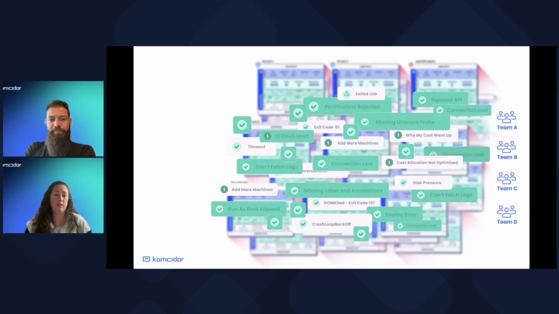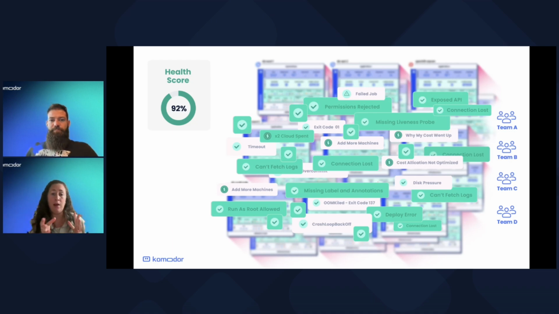So if we're talking about how things look with Komodor, you can see that you started off with everything being red, you have no visibility into anything, things are on fire. And Komodor provides you with some kind of a health score that helps you understand where to put your focus, what's the situation in each one of those areas or workspaces or environments, and what you need to do exactly.